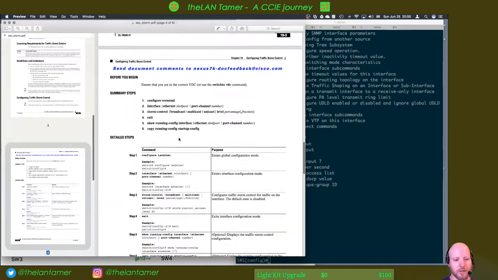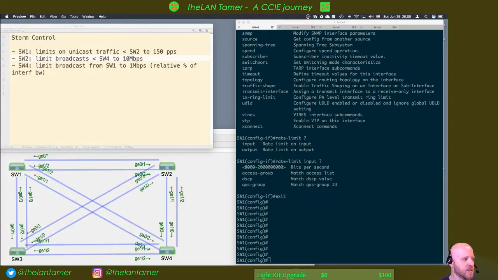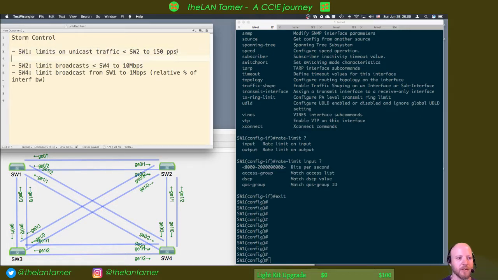No license required. Yeah, just type the interface and storm control. Well, geez, this is not supported. So let me just do a virtual lab here.